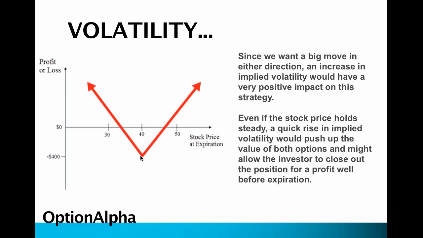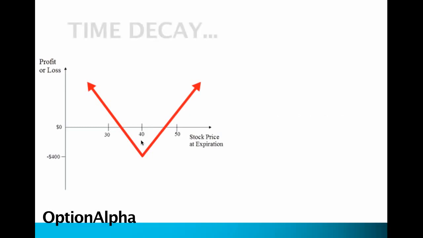Again, we are trading a strategy where we want a volatile stock, so we want increasing volatility, more rapid and wild movement. Decreasing implied volatility or a stock that starts to trade kind of sideways or right at 40 is very bad for the strategy. So again, increasing volatility is really what we want, not decreasing volatility.